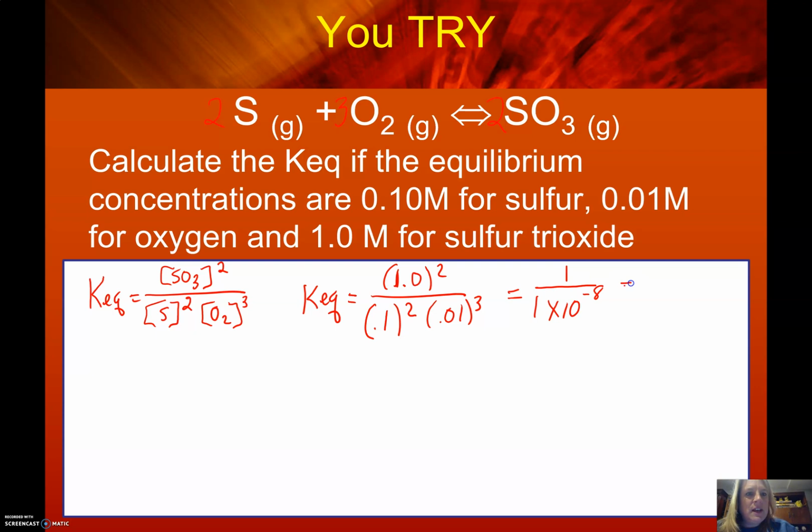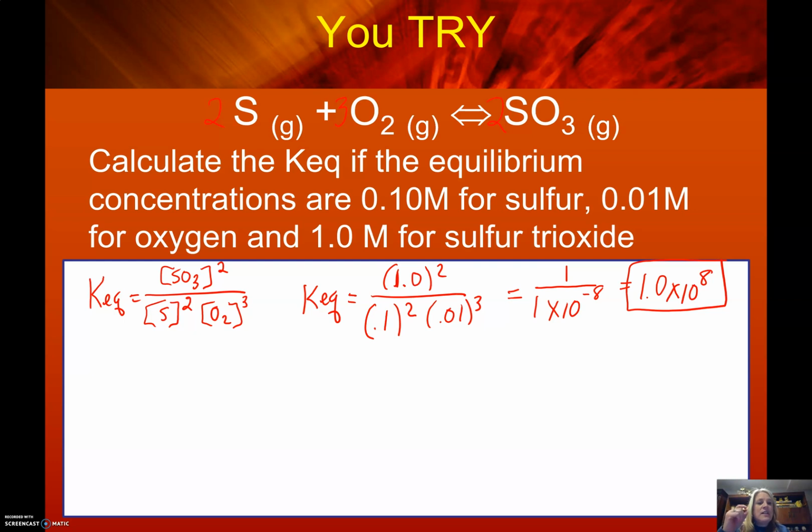So when we do that division, we get 1.0 times 10 to the positive 8, right? When you have a negative exponent in the denominator, it becomes a positive when you divide. So if you do that in your calculator, that's what you should get. All right, cool with calculating KEQ.